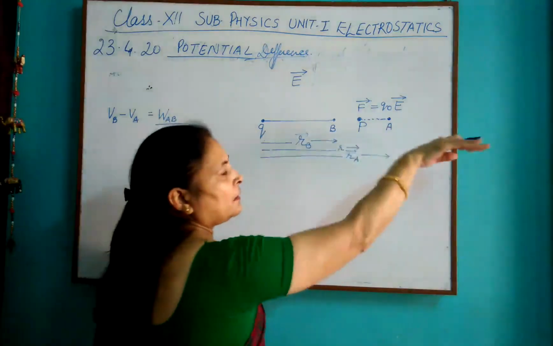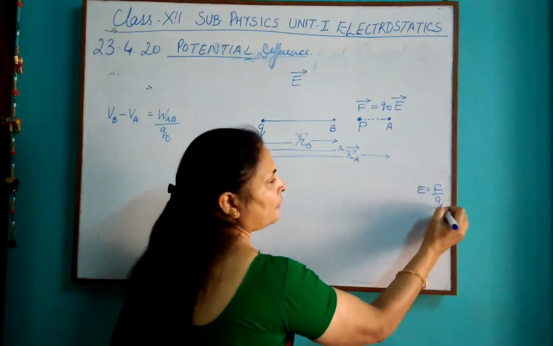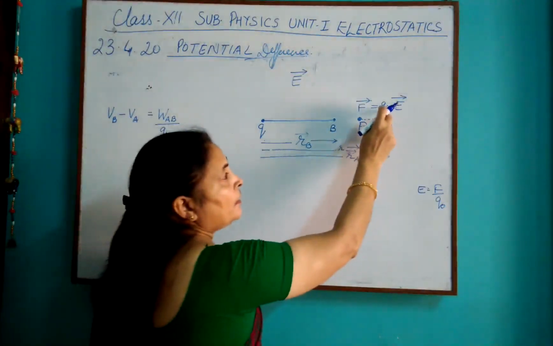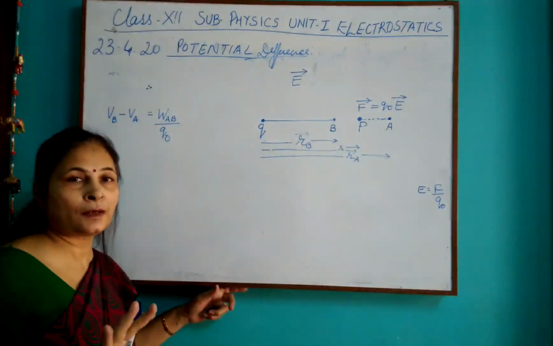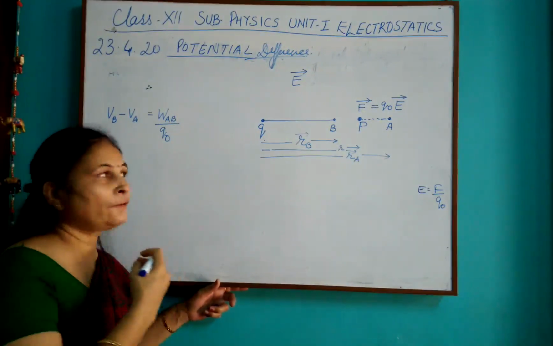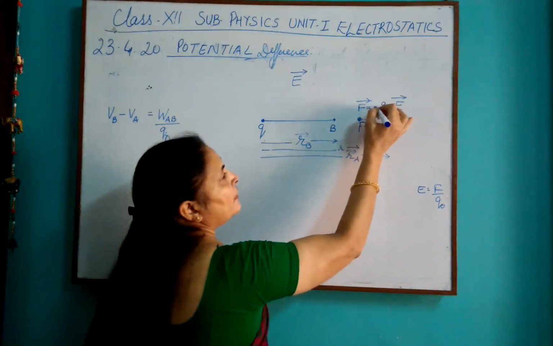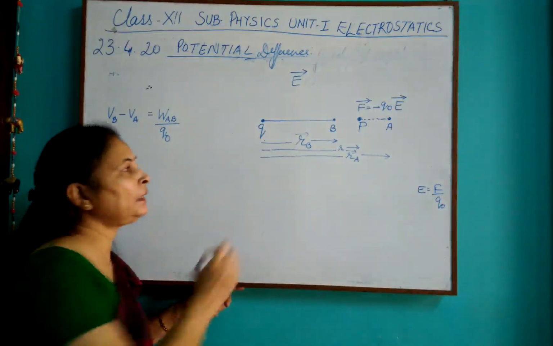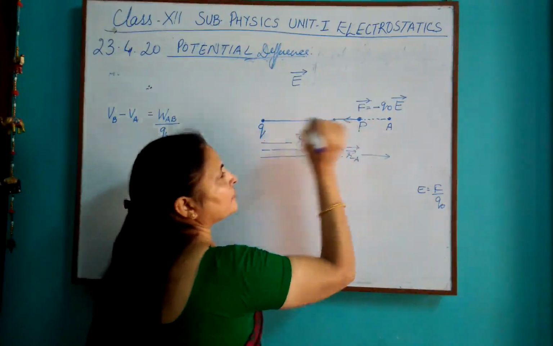In this direction. We have already said that E is equal to F upon Q naught. Now to make this charge move in this direction without any acceleration, we are not going to increase the speed, but we have to take it towards the left hand side. The force required will be minus Q naught E, which will have this direction.